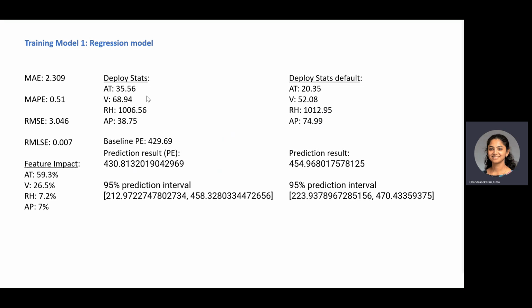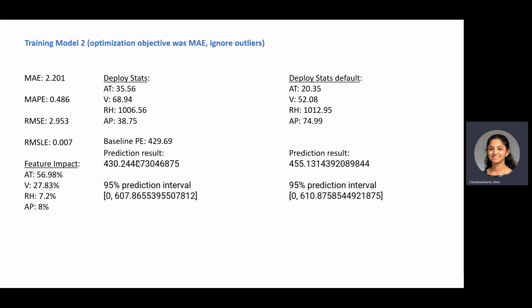As in the prior model, I used a certain set of variables to test if the model was predicting correctly, with the same parameters. Last time there was a 1 megawatt difference between the baseline and the predicted result. This time the results were much closer, around a 0.5 megawatt difference, although again, the prediction interval is quite wide.